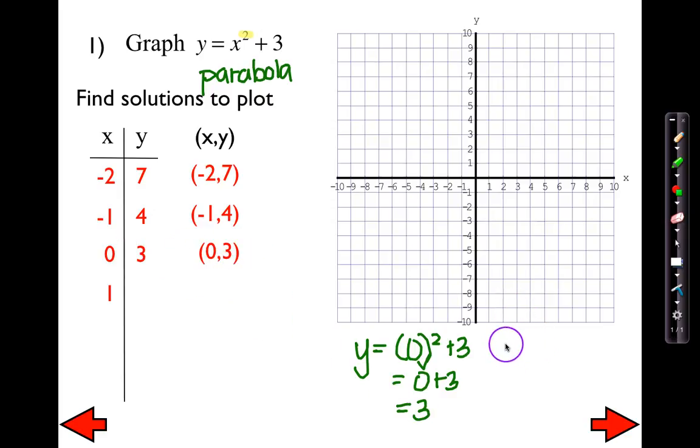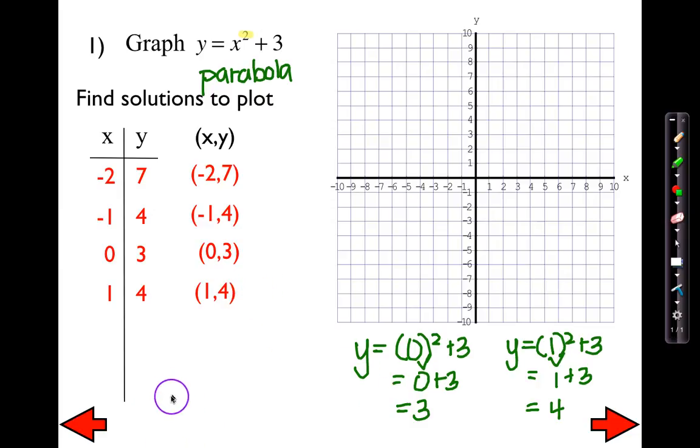Next is 1: y equals 1 squared plus 3, where 1 squared is 1, plus 3 gives me 4. So I'm going to write down that ordered pair, 1 comma 4. Last but not least, we're going to try 2: y equals 2 squared plus 3. 2 squared is 4, 4 plus 3 is 7. So my ordered pair is 2 comma 7.